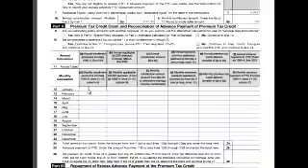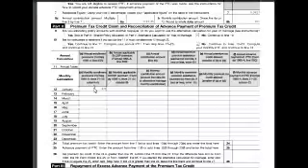So line 12 is simple. There is column A and column B. Column A is the monthly enrollment premium. You will find it on form 1095-A. And column B is going to be the monthly second lowest cost silver plan, they call it SLCSP. You will find this in 1095-A.